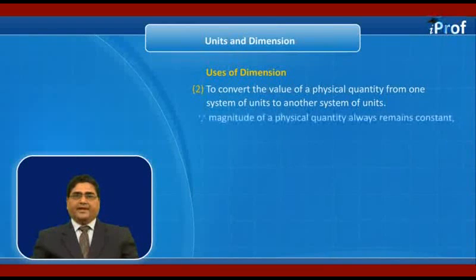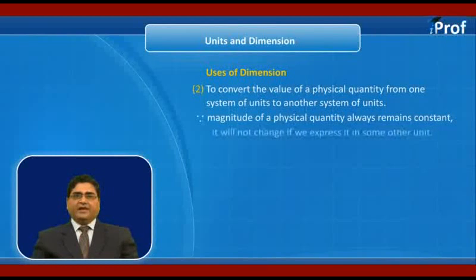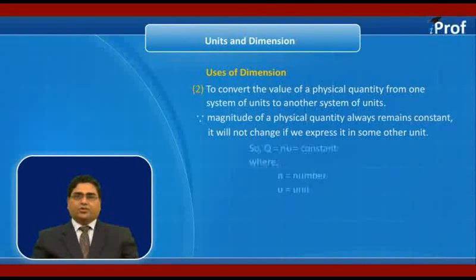Since magnitude of a physical quantity always remains constant, it will not change if we express it in some other unit. So, physical quantity Q equal to n into U equal to constant, where n is number and U is unit. So, n proportional 1 upon U.